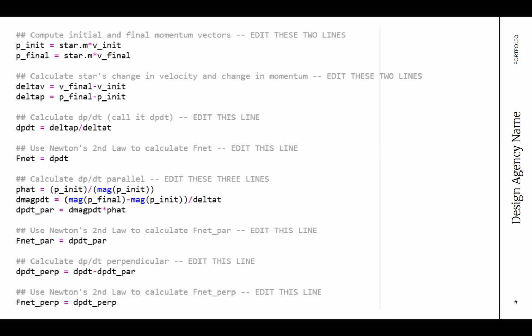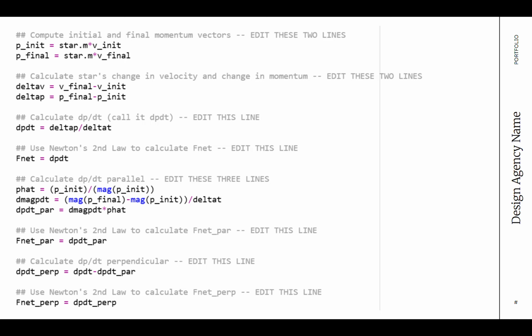This is my code, where you start with P initial, which is the mass times V initial, and P final is mass times V final. Delta V is the change from V final to V initial, and delta P is the change from P final to P initial. So dP dt is delta P over delta T. F net is dP dt.